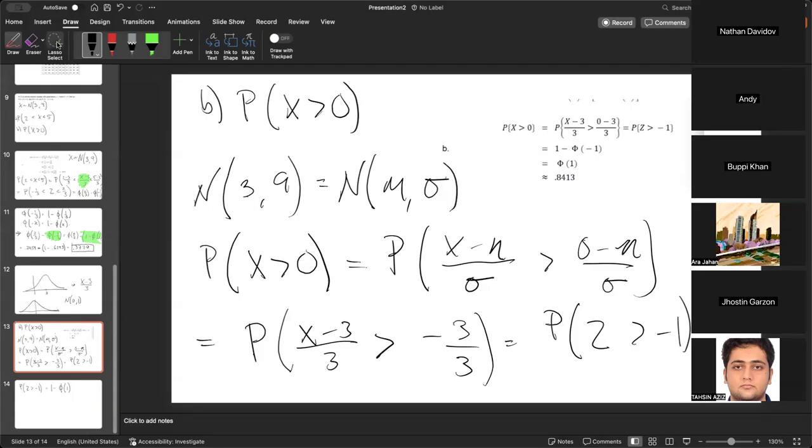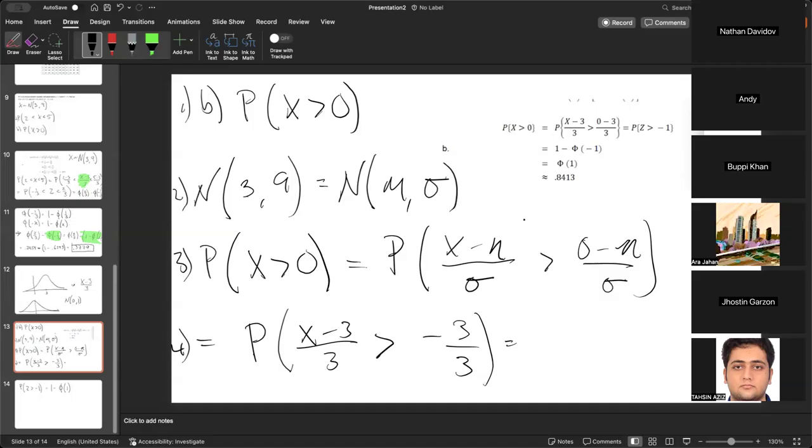Sorry. How does x minus 3 over 3 evaluate to 2? What do you mean? Sigma shows us 9. Which line are you guys talking about? Line 4. What happened there? This is just x minus 3 over 3 is greater than minus 3 over 3.